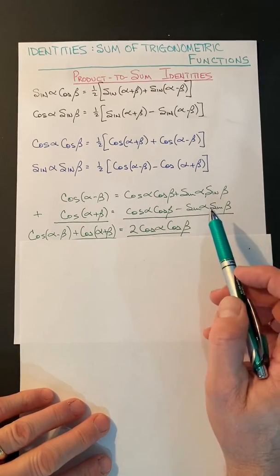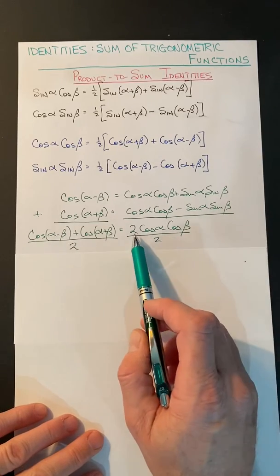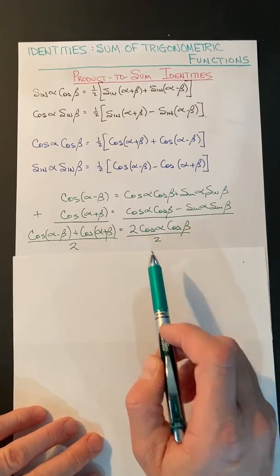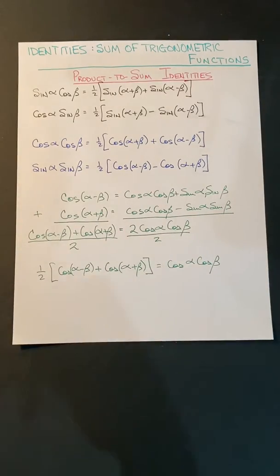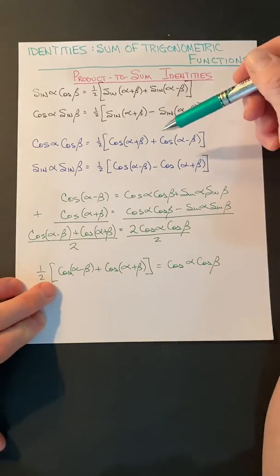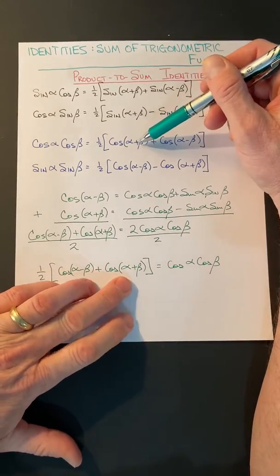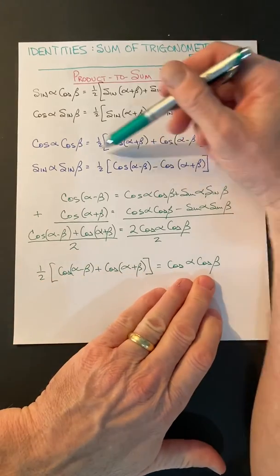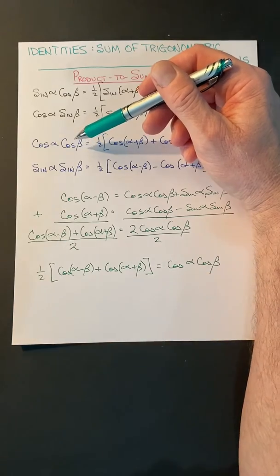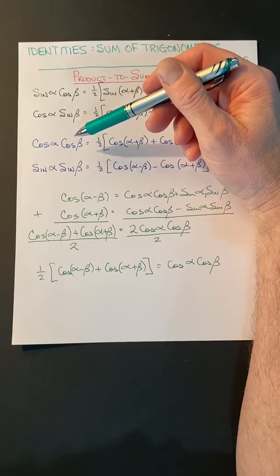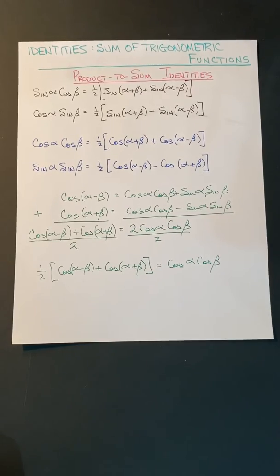Now, what they did to finish up their identity was they divided both sides by 2 here so that I ended up in the format that you see up above, where I have cosine alpha times cosine beta equal to 1/2 of cosine of alpha minus beta plus cosine of alpha plus beta, okay? So that's one way to go about solving for that.